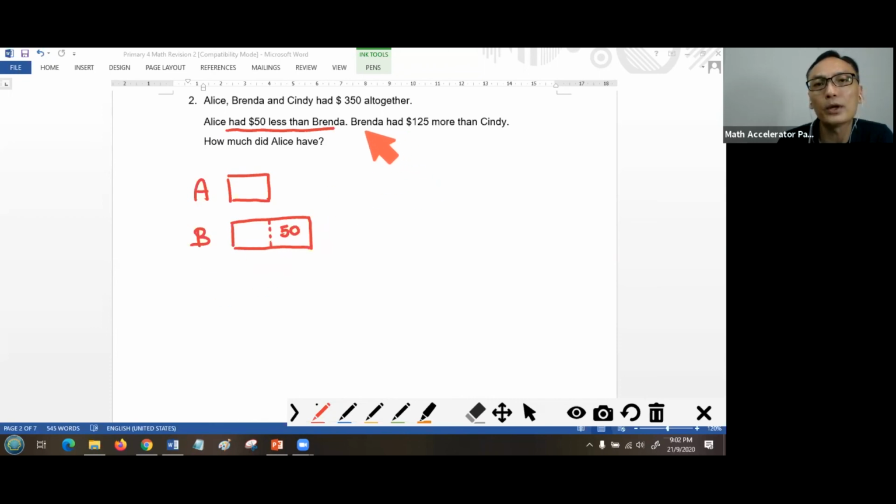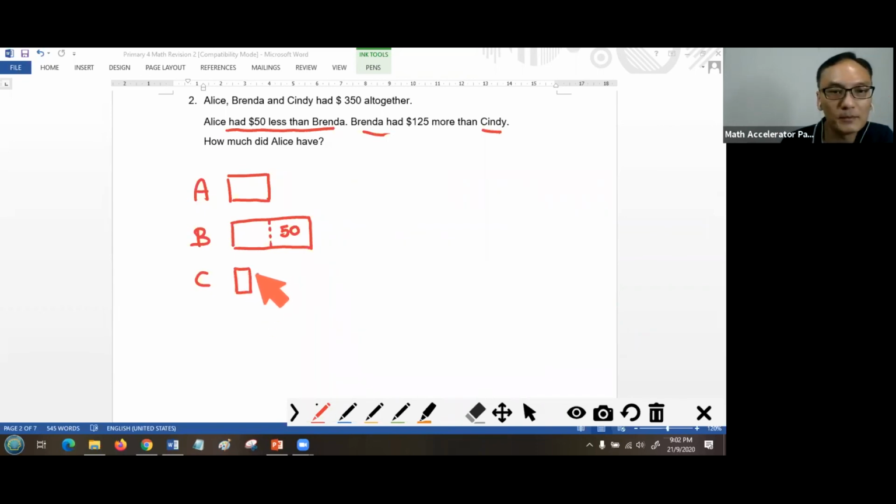So between Brenda and Cindy, who has a shorter model? Shorter now. Is it B or C? Shorter model. C, right? Yep, because Brenda has more. So she would have this amount, right?